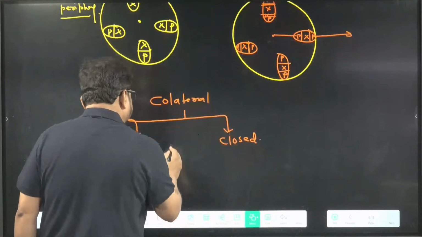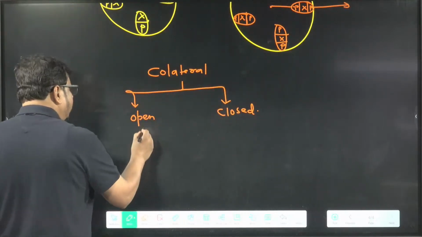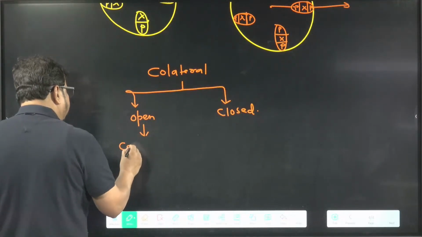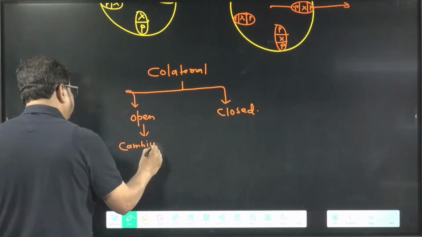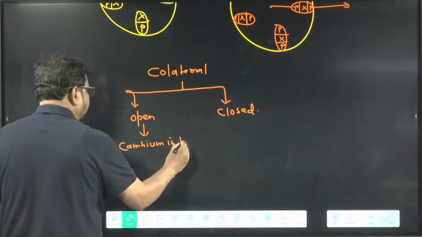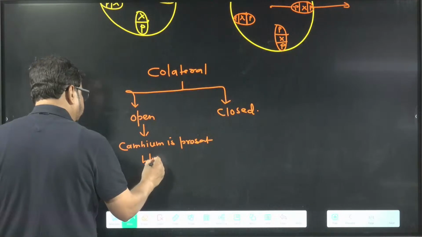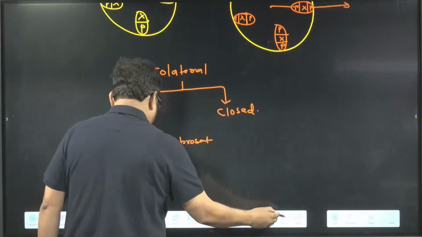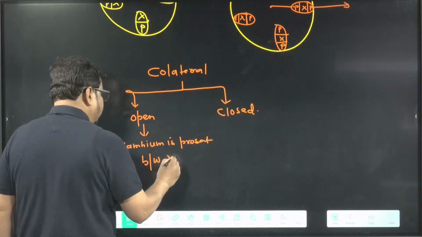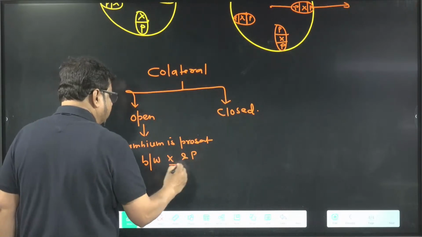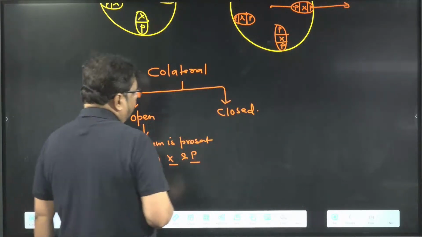One is open and another is closed. So what is the meaning of open? Cambium is present between xylem and phloem. X and P I wrote. It is called what? Open.